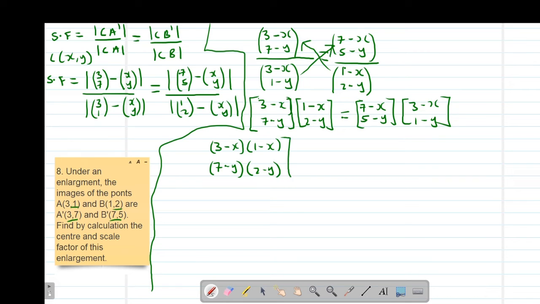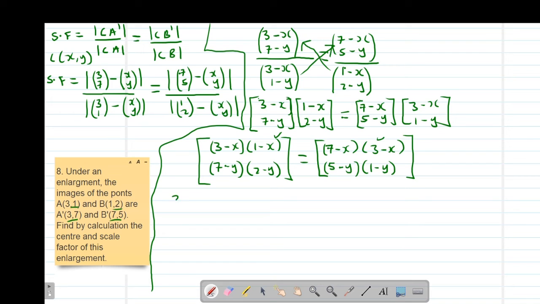So these ones under brackets should be equal to 7 minus x in brackets multiplied by 3 minus x. Then I have 5 minus y multiplied with 1 minus y. So these two, you are simply going to equate elements in the same position.